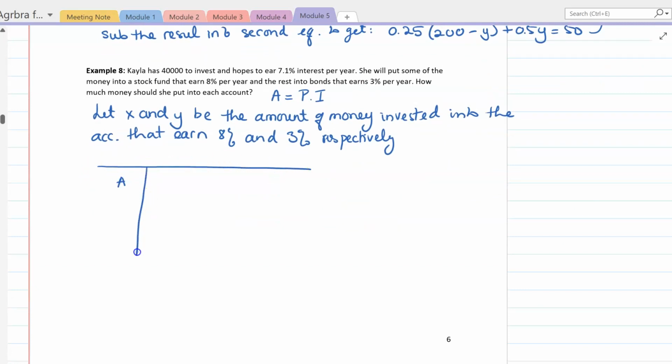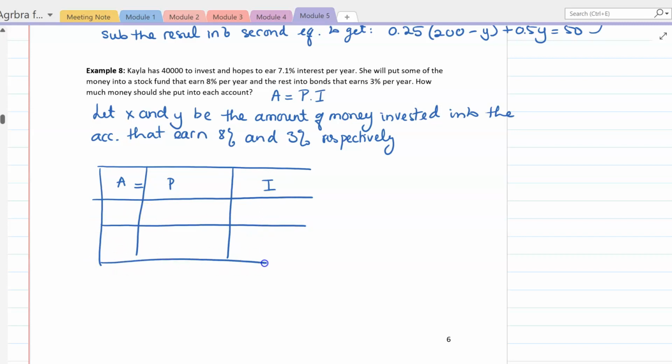The amount of interest equals principal times the interest rate. And we have the stock fund and bond. So stock fund is x, bond is y, and the interest rates are 0.08 and 0.03.